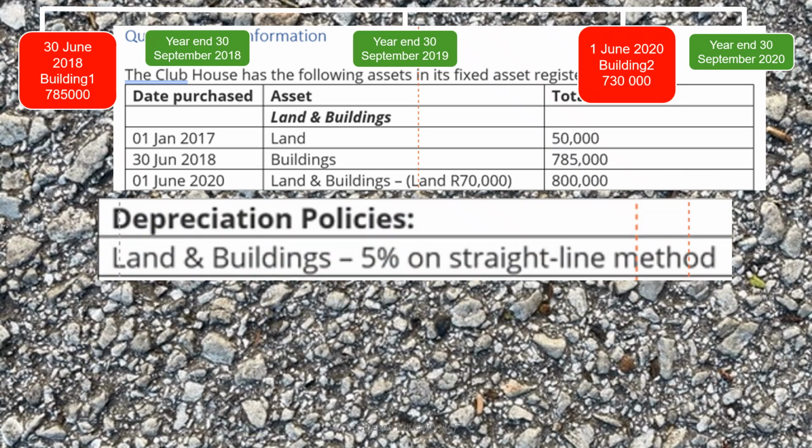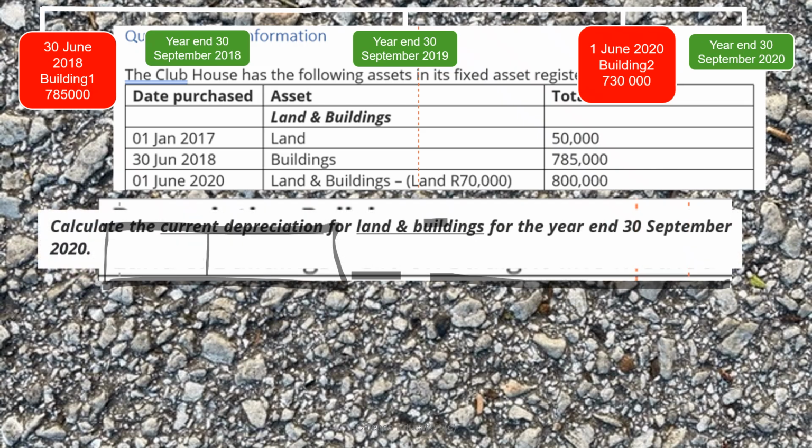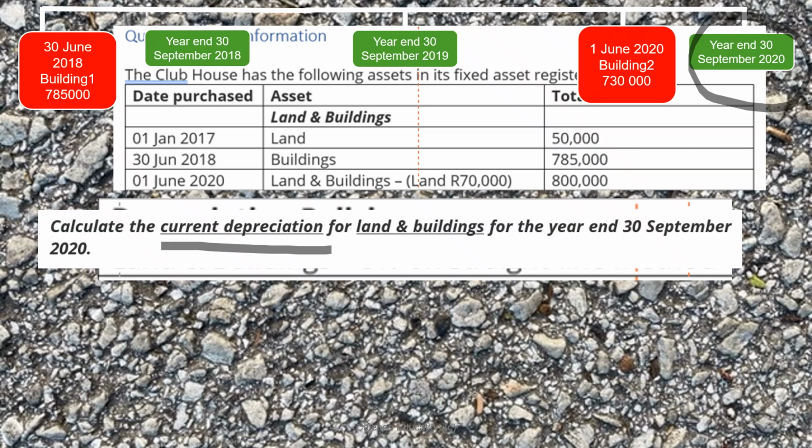Now they say the depreciation on land and buildings, actually just on buildings, is 5% on the straight line method. Then they say calculate the current depreciation. So we want the depreciation for the current year ending 30th September 2020.